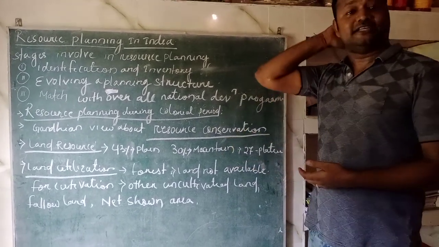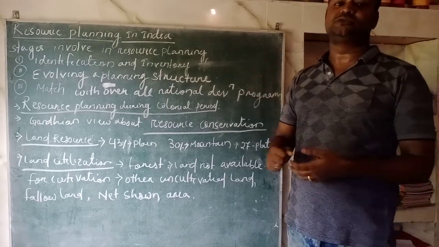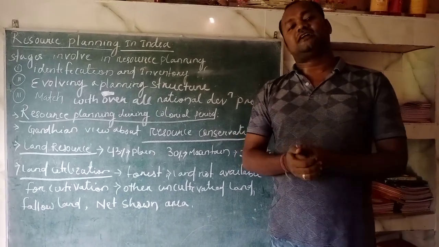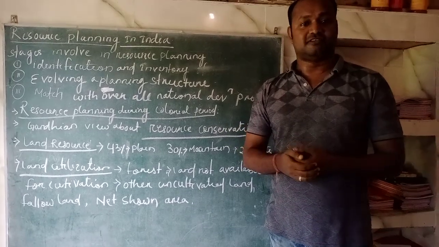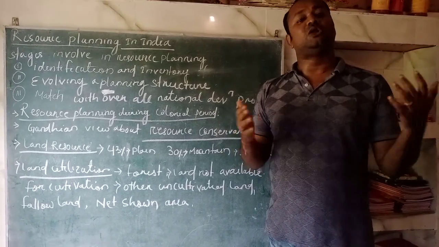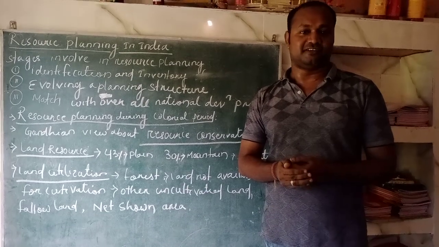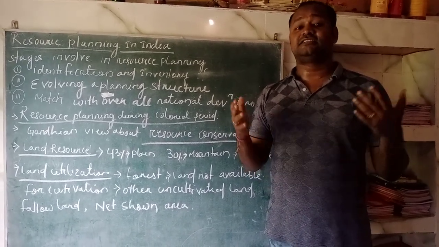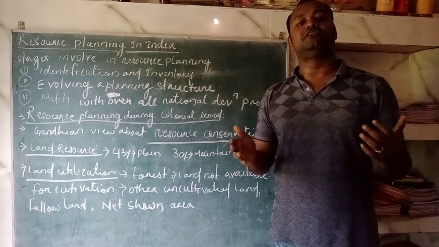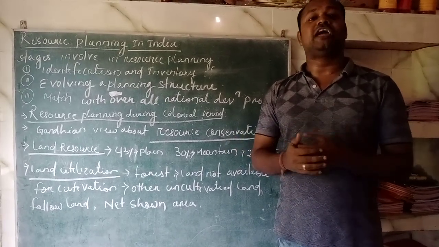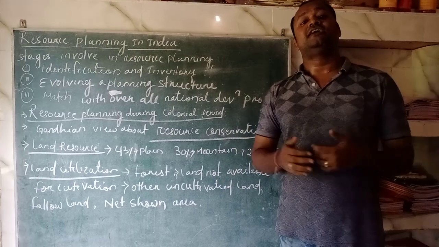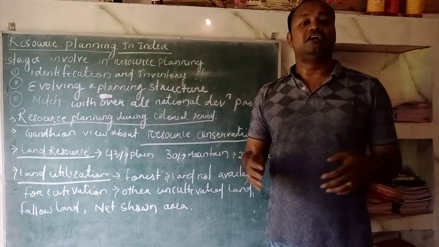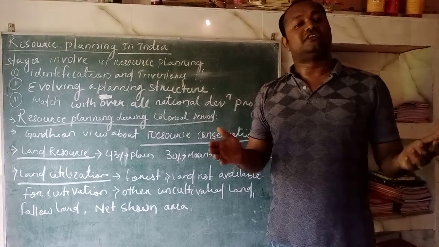So what is the idea of Gandhiji about resource development or resource conservation? As you know, Gandhiji is a great philosopher and he gave a lot of ideas in different fields. In resource conservation also, he said that there is enough resource for everyone's need but not for anyone's greed.